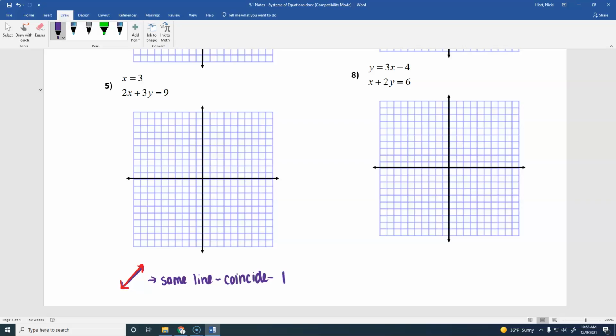So you'll say infinitely many solutions. So if they end up being the exact same line, then you would say infinitely many solutions for that, because they're going to touch everywhere. It doesn't happen on these example problems, but it might on your Delta Math. I'm not sure if it does or not.